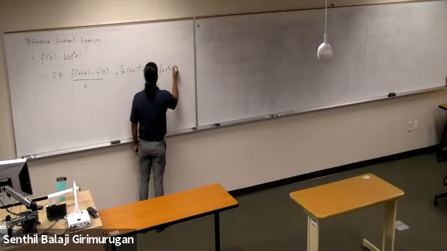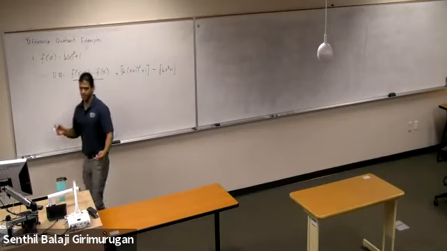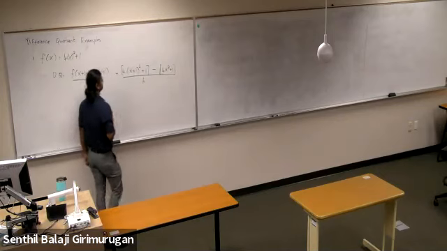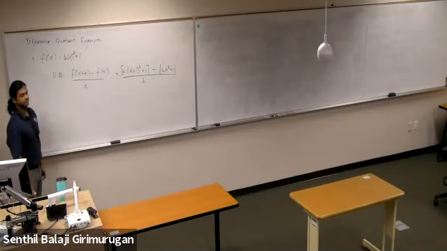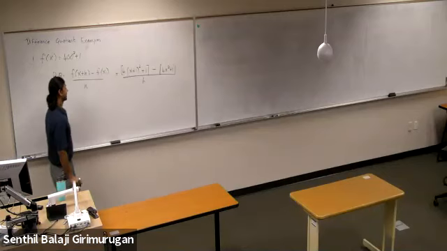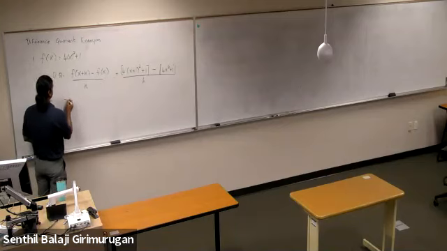It can have brackets. If you like parentheses, you can put parentheses also, divided by h. I chose brackets because I use parentheses, so it's just a matter of preference.